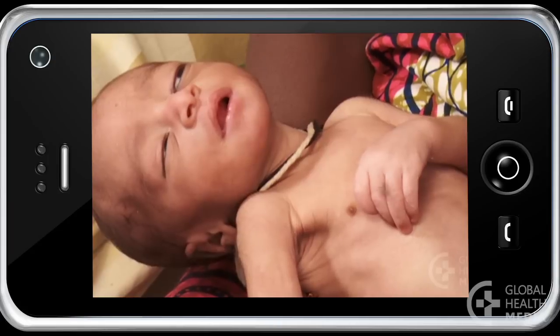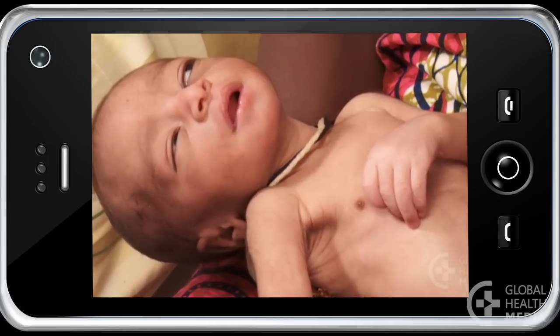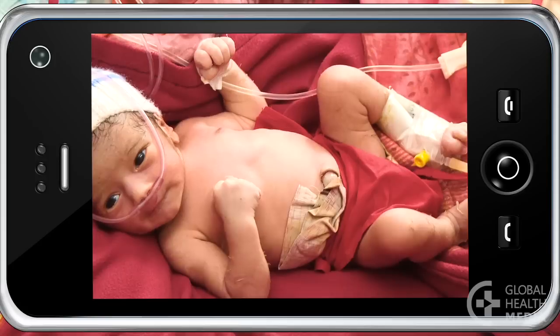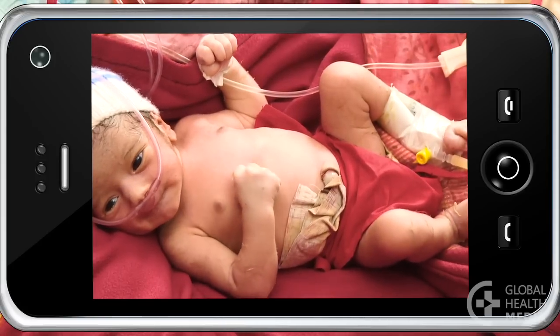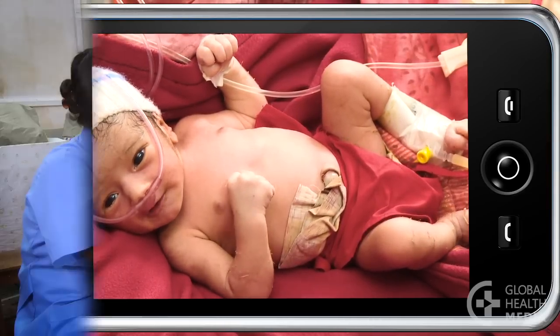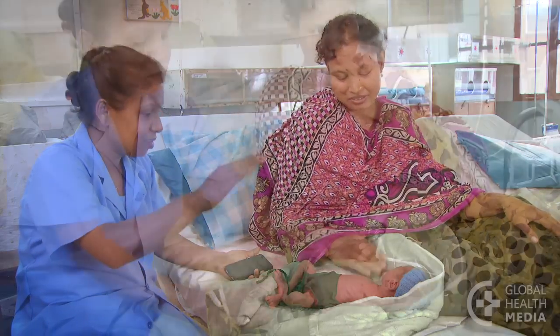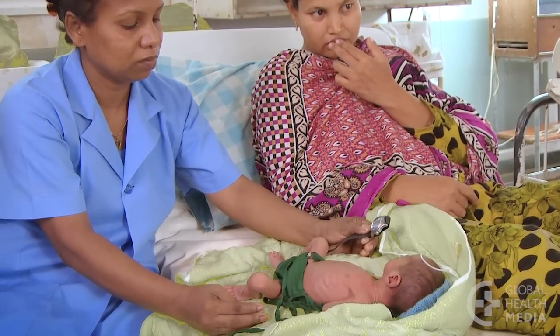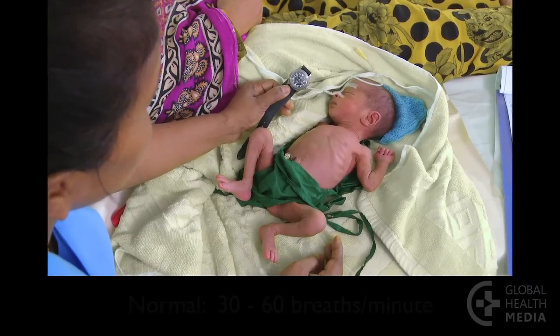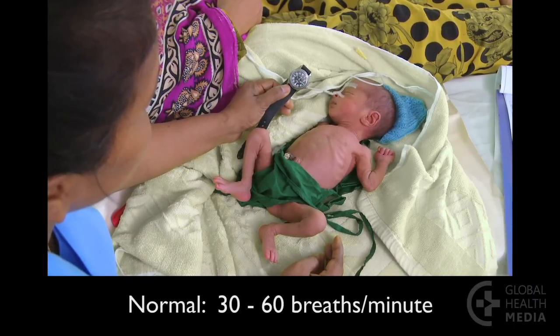An unwell baby may be sluggish or have convulsions. How is the baby breathing? A well baby breathes comfortably at a rate between 30 and 60 breaths per minute.